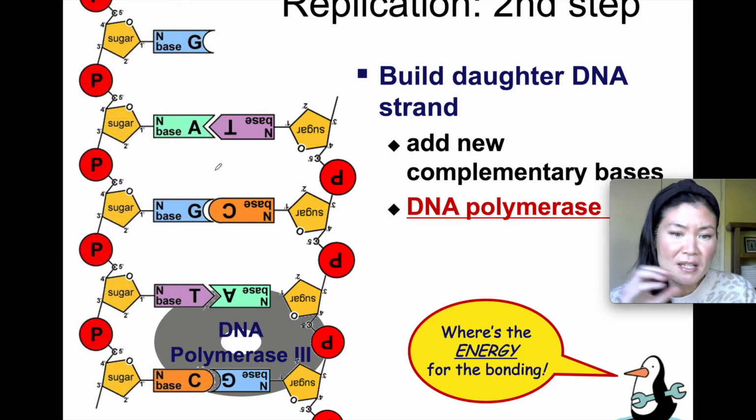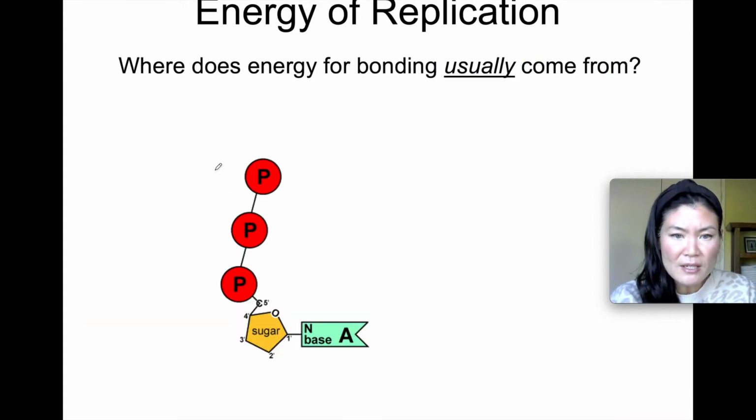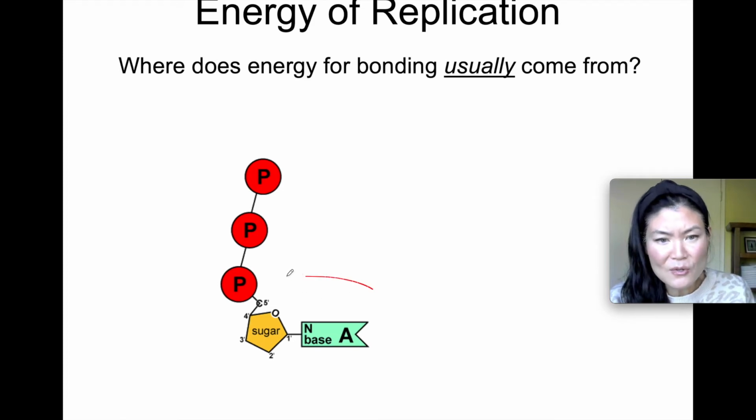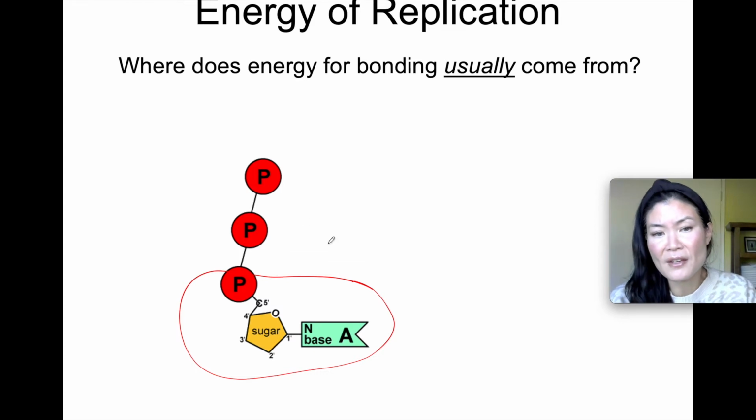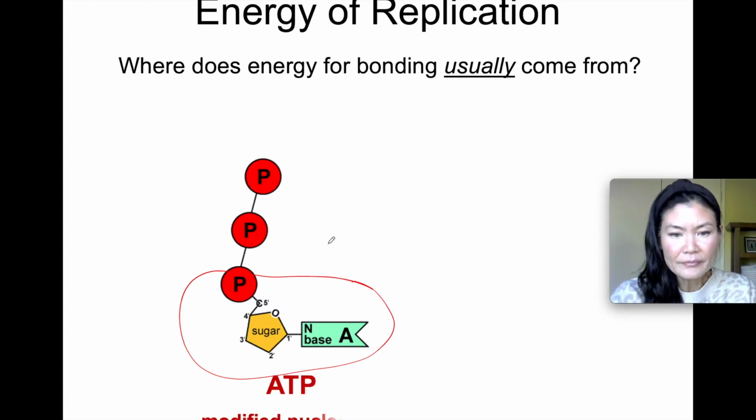DNA polymerase is the enzyme that brings them together, okay? But what gets the nucleotides there in the first place are actually nucleosides. I've been saying nucleotides, okay? Like this is a nucleotide, right there. But a nucleoside actually has 3 phosphate groups. For example, ATP. Remember ATP?